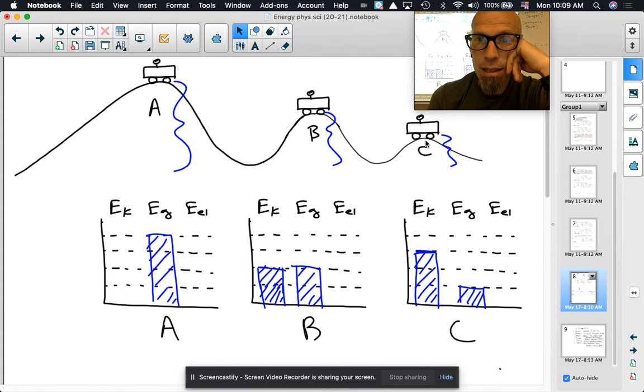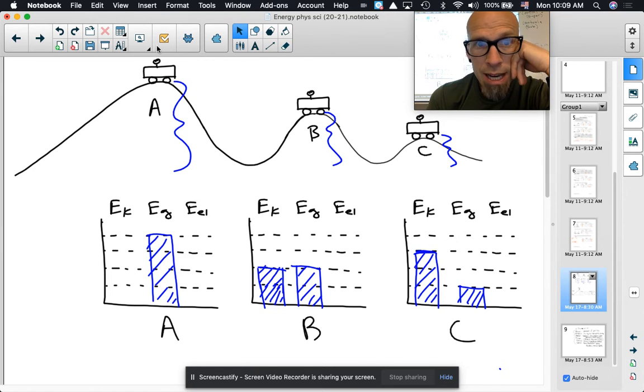And then here we have another hill that looks to be about half as tall as this one, or about a fourth as tall as the original, which means the gravitational is even less now. But that means that it must be faster.